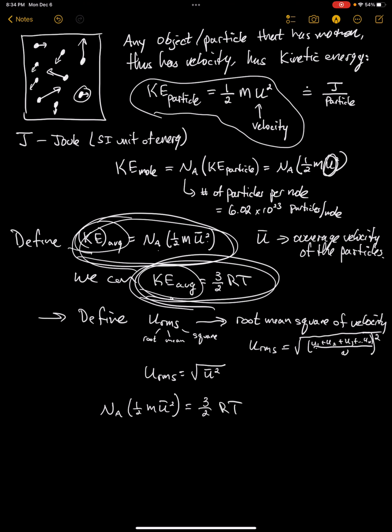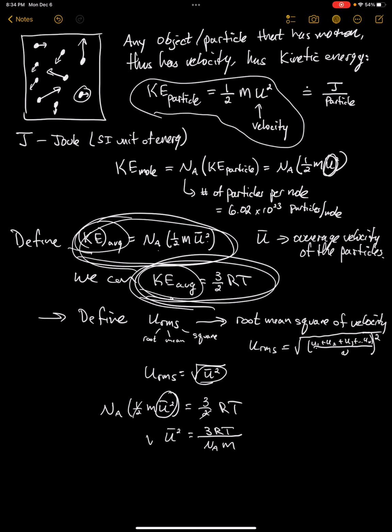And so we have in here a component of our root mean square. So we can solve for this directly and say that u bar squared is equal to 3RT divided by the number of particles in the mole, N_A, times the mass. Okay, so notice that the 1/2 cancels.